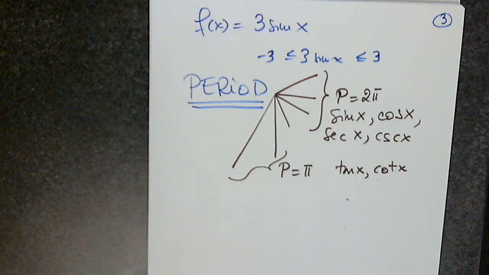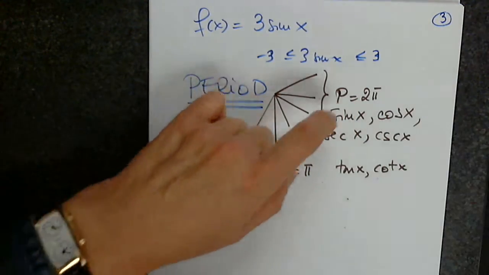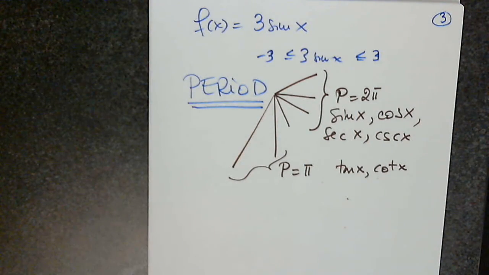What does this mean? Here's what it means. If I graph sine, cosine, secant, cosecant between 0 and 2 pi, I have the entire graph, because this graph repeats itself from 2 pi to 4 pi, repeats itself between negative 2 pi and 0, repeats itself between negative 4 pi and negative 2 pi.